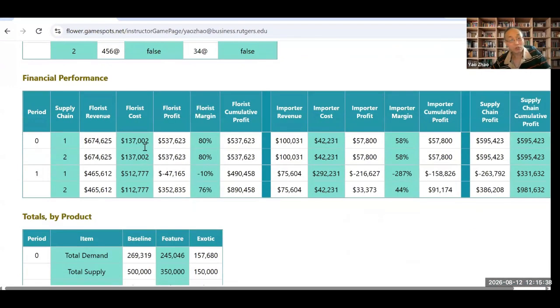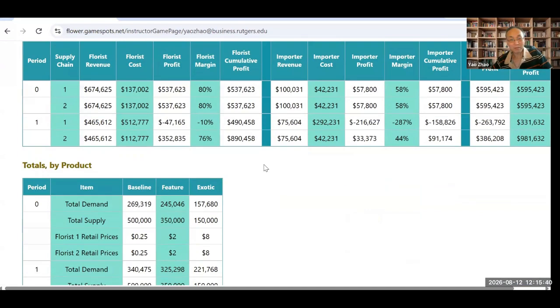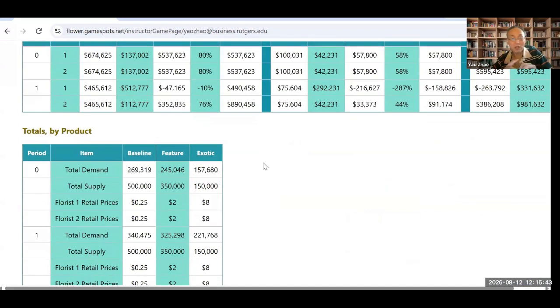In addition to the overall financial summary, they will see, for example, the wholesale price for the other supply chains, the order quantities, and breakdowns of the marketing spending, not just the total. So they will be able to guess the strategy used by other teams. They will use this information to form their own decisions.